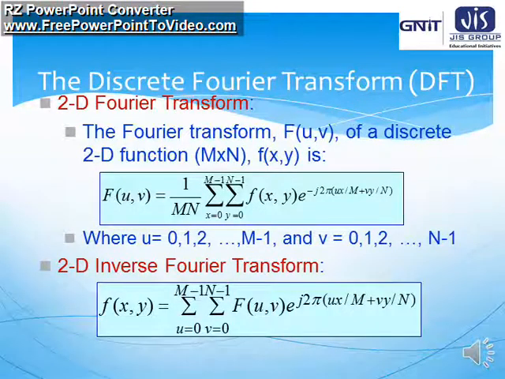Moving forward to the next slide, this is the 2D Fourier transform.